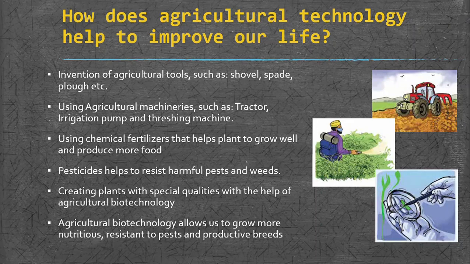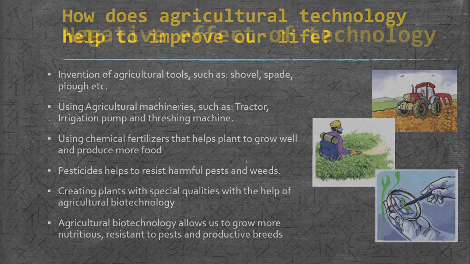And nowadays, scientists are using biotechnology in the agricultural sector and they are creating plants with very special qualities that help us to produce more food and create new qualities in the plants. Not only this, biotechnology allows us to grow more nutritious, pest-resistant and productive breeds.